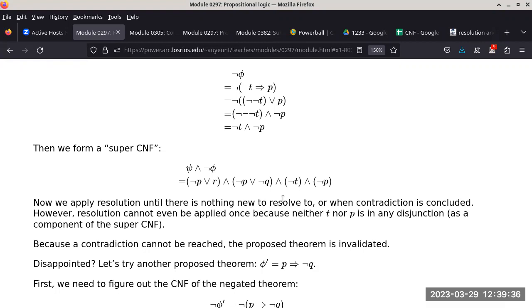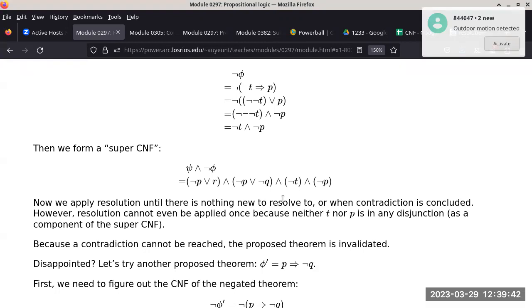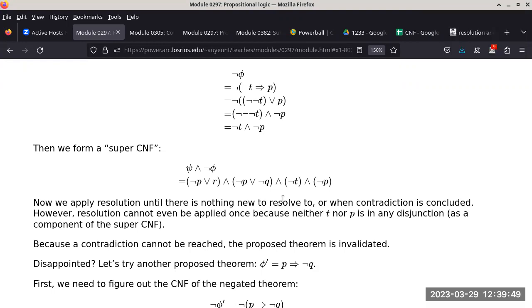No, no, and no. So that means we cannot use not P for any resolution. Then we look at R and we ask, do we see any not R in the other disjunctions? Nope, nope, and nope, right? So that means the first disjunction cannot resolve with the rest of the entire conjunction.